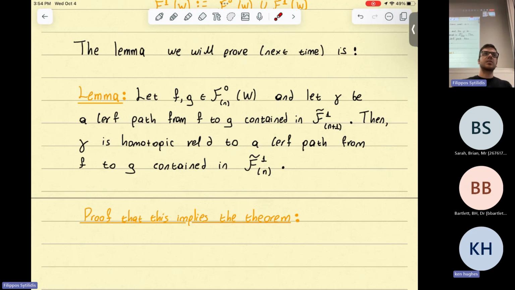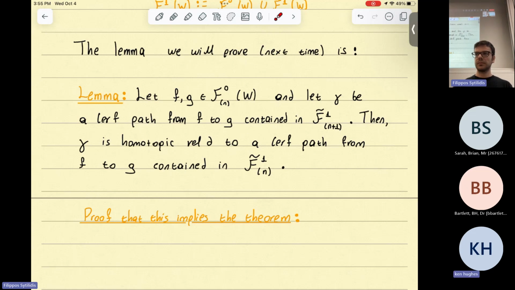This means that this is a Cerf path such that at each point I have functions with at most n plus 1 pairs of critical points in bad position.